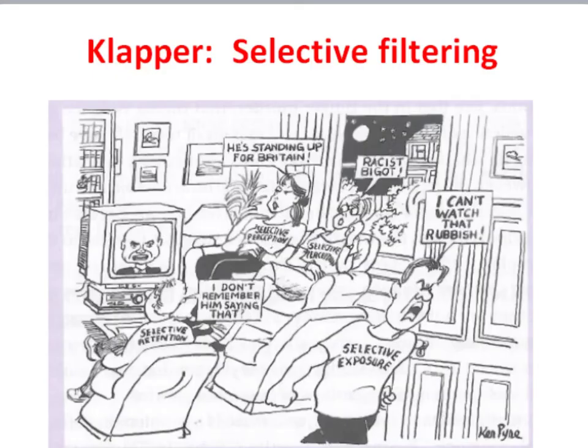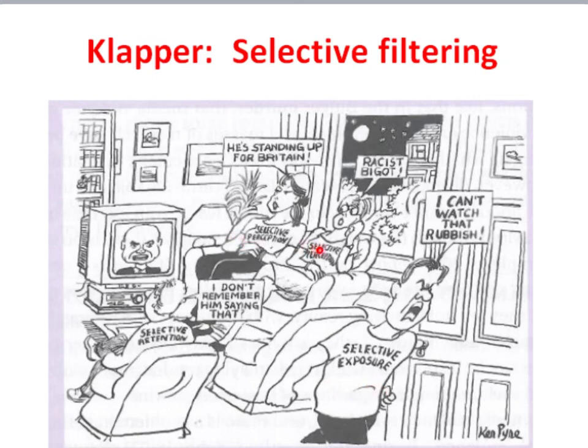One of the ways in which audiences actively decode the media is through a process called selective filtering. And this is something that Clapper argues. Clapper argues that we filter what we read, see or hear in the media by selective exposure, selective perception, and selective retention. So selective exposure means that people only watch or read media output that fits in with their existing views and interests.